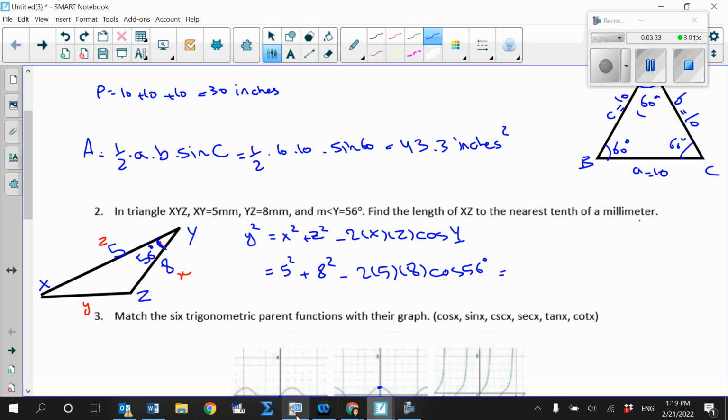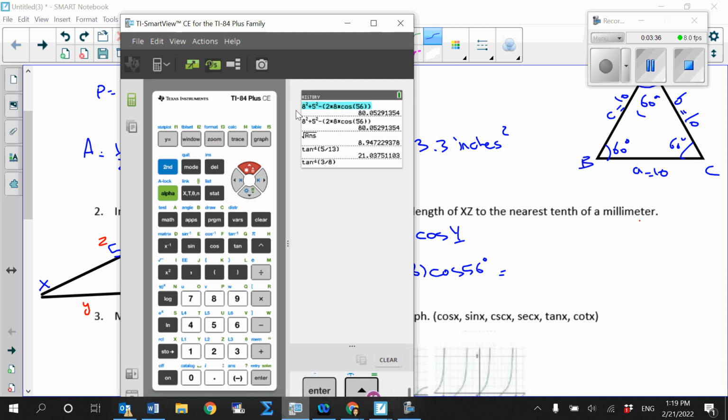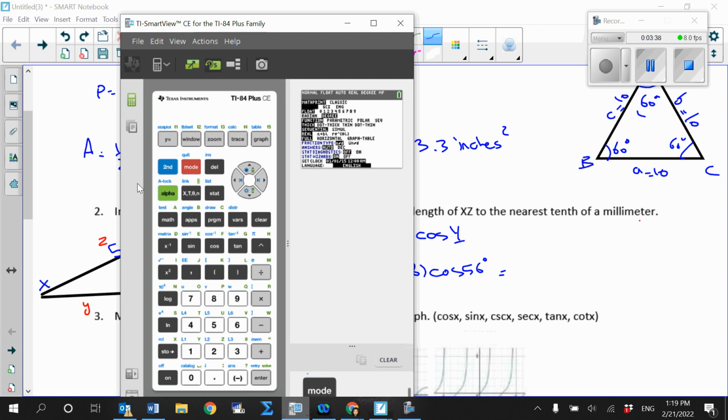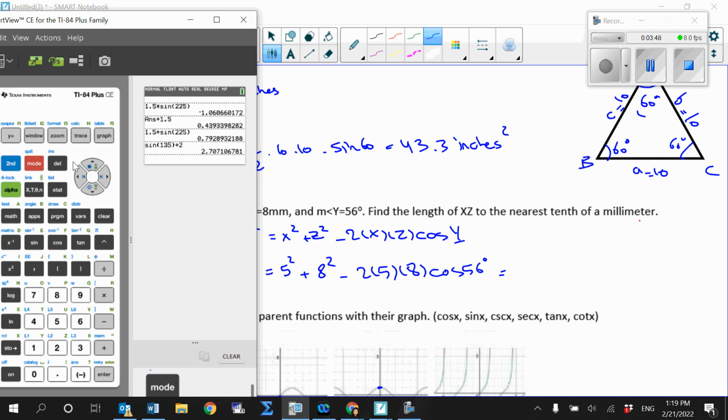Now I'm going to use my calculator to find it. First of all, make sure your calculator is in degrees mode. Here you see degrees is highlighted, so it's in degrees mode. Now I'm just going to enter this into my calculator. 5 squared plus 8 squared minus, I'm going to put a parenthesis, 2 times 5 times 8 times cosine of 56.